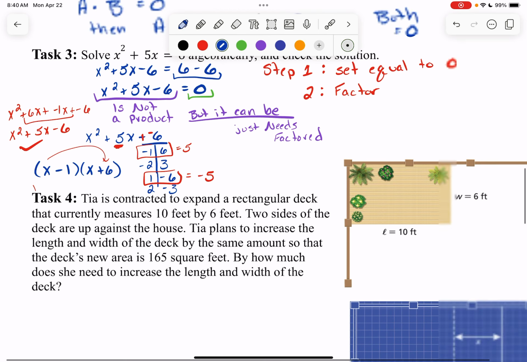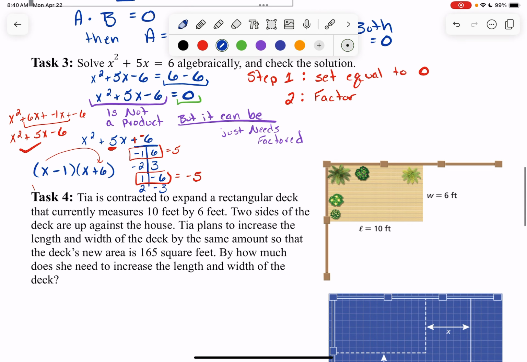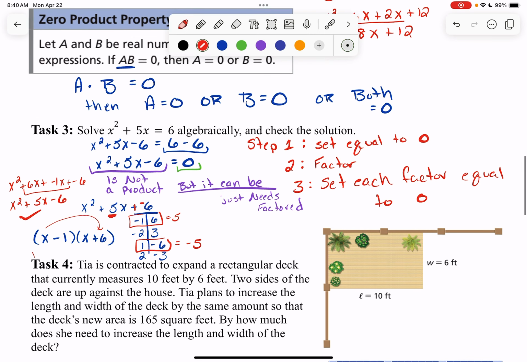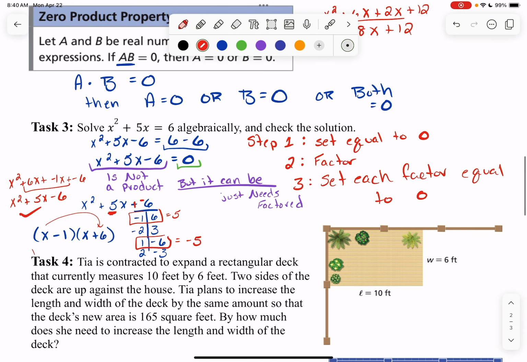Now that we have it factored, step 3, set each factor equal to 0. Here is where we use the zero product property. I am multiplying x minus 1 and x plus 6, and I am equaling 0.